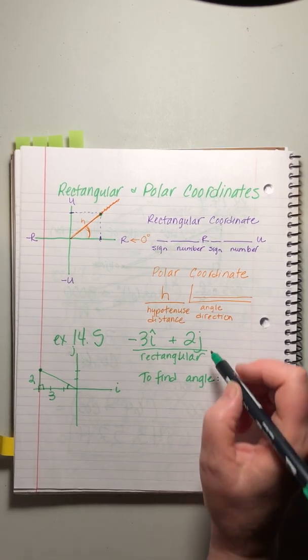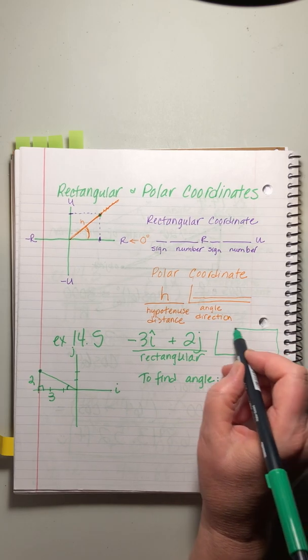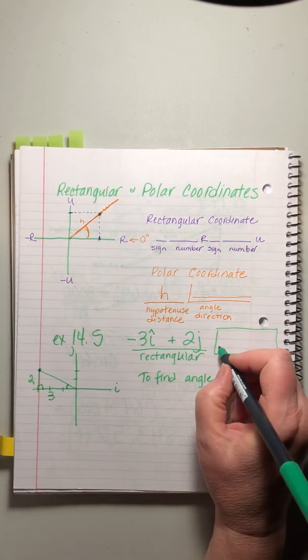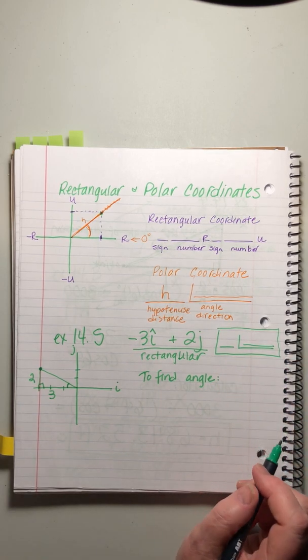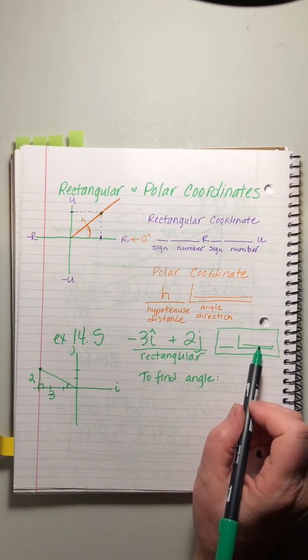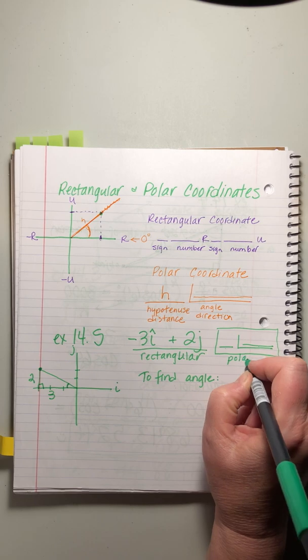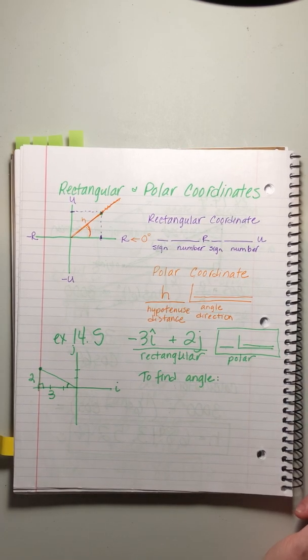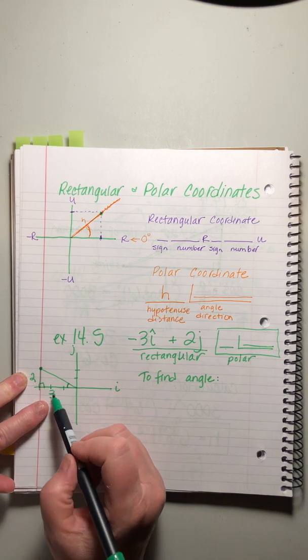Sometimes it helps me to draw the box for my answer and set the form up the right way. I'm going to have the hypotenuse here and the size of the angle there, and this is going to be my polar coordinate. To find the angle, I look at the sides I have, and I realize, oh, that's opposite and that's adjacent.